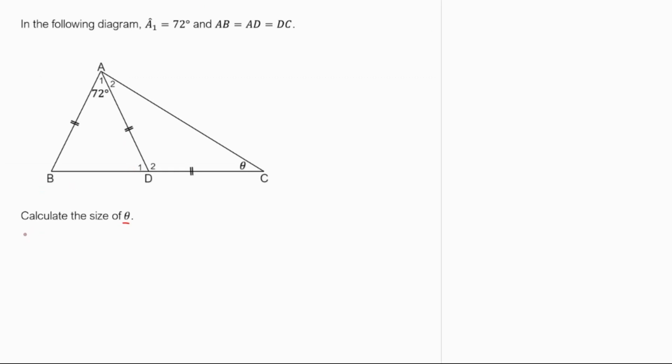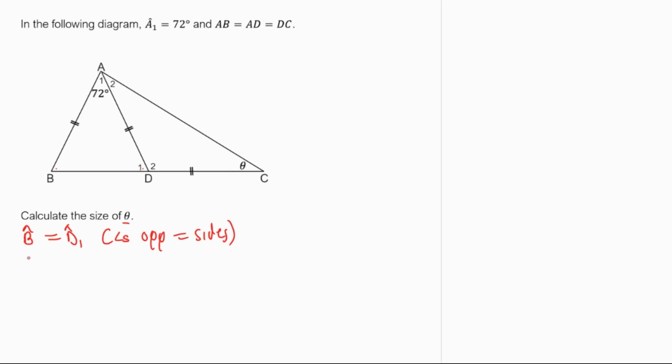So we can say angle B is equal to angle D1 since these are angles opposite equal sides. So now angle A1 plus angle D1 plus angle B must give us 180 degrees because these are interior angles of a triangle.